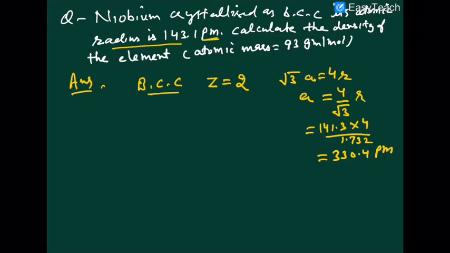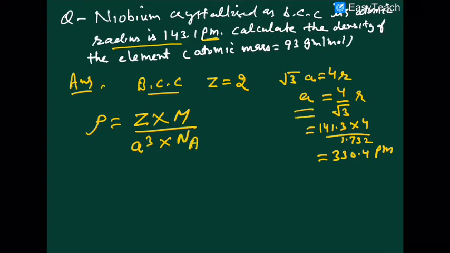Now after that you can find out density very easily. So Z into M divided by A cube into Avogadro number. So only A you have to find out. So what can be the rho here? The value of Z is 2, molar mass is 93 given to you.